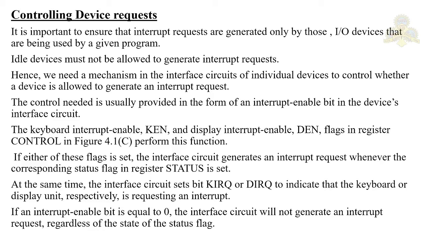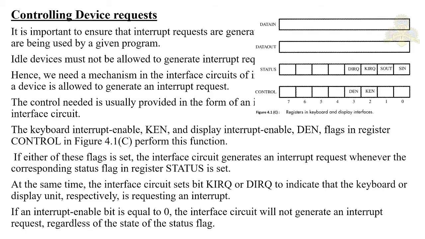So, for this, we need a mechanism in the interface circuit of the individual devices to control whether the device is allowed to generate an interrupt request or not. The control needed is usually provided in the form of an interrupt enable. It is a bit in the device interface circuit. So the keyboard interrupt enable, that is KEN, and for the display we have the DEN flag in the control register, right?